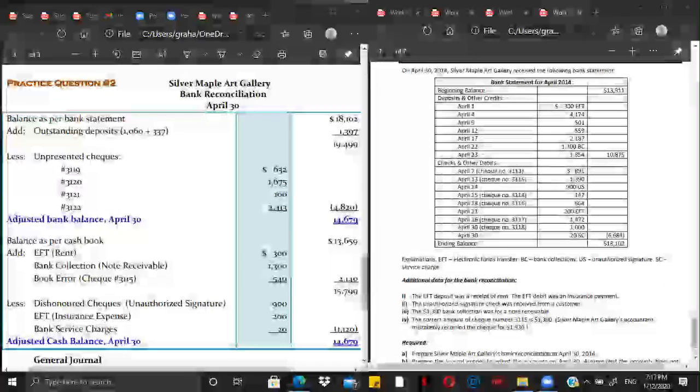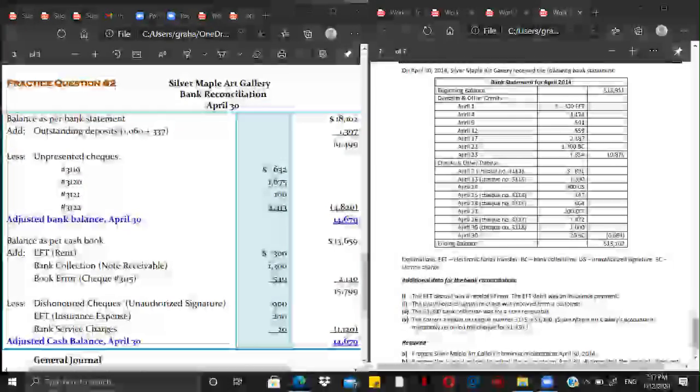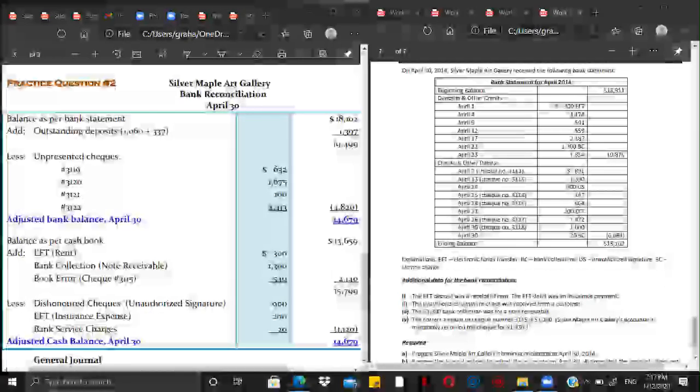The next thing that it says is that the electronic funds transfer debit was an insurance payment. So now we are paying someone by transferring an amount, and the debit would be here, this $200 EFT. So now we are paying somebody by transferring an amount to them, right? So that means we're losing.